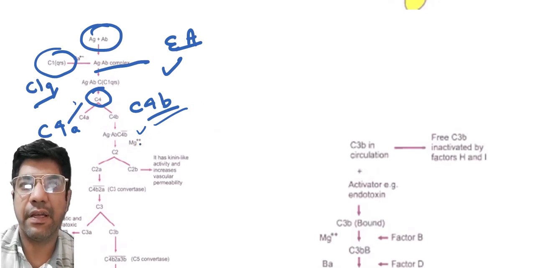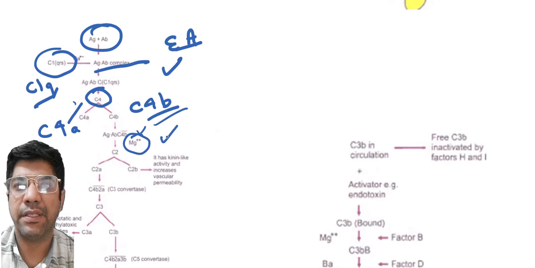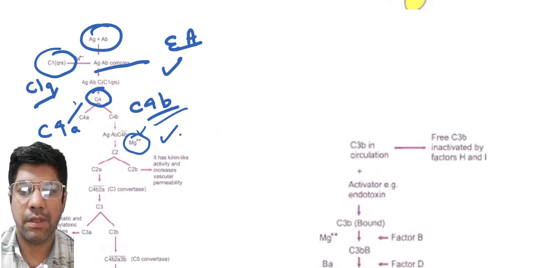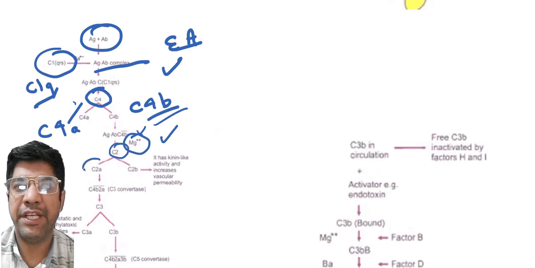In the presence of magnesium ions, the C4b cleaves C2 into C2a and C2b.